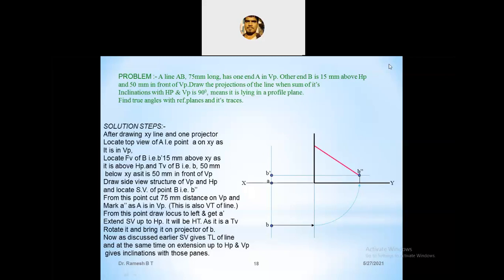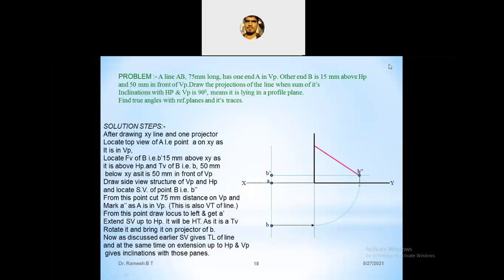Next, locate the front view of B, because they have given the other end B as 15 mm above HP and 50 mm in front of VP.